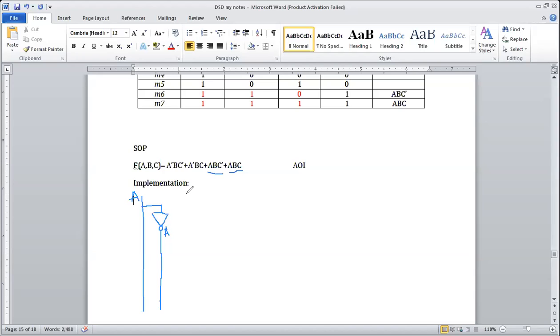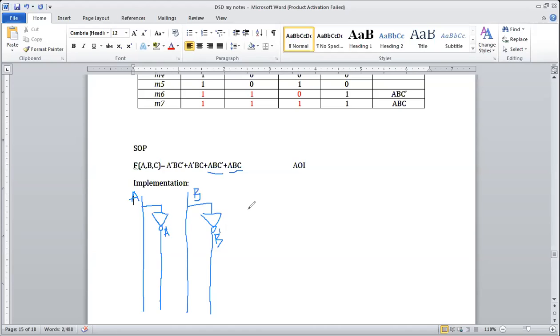I will take one more line here, which is B. This wire is B, right? Now I'll take the connection to the NOT gate. What is this second line here?